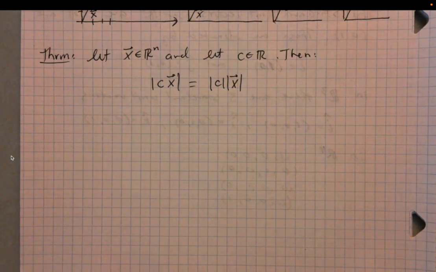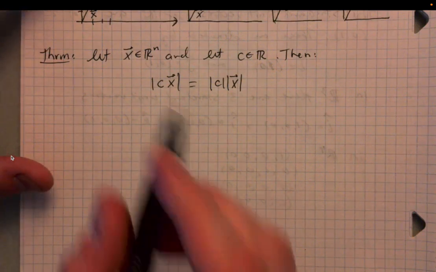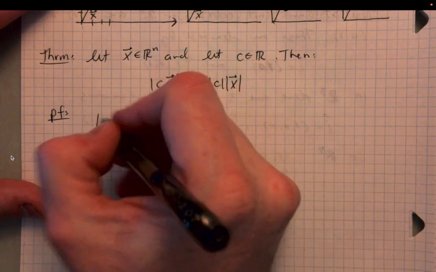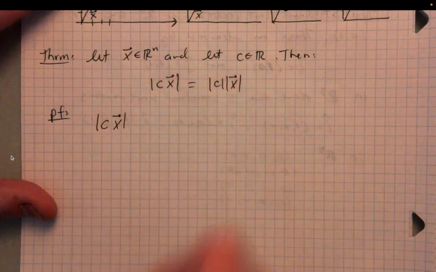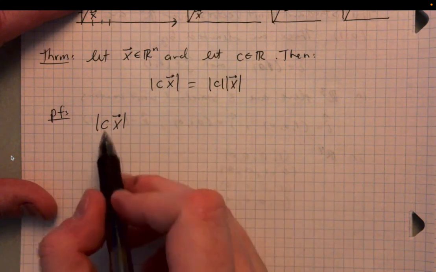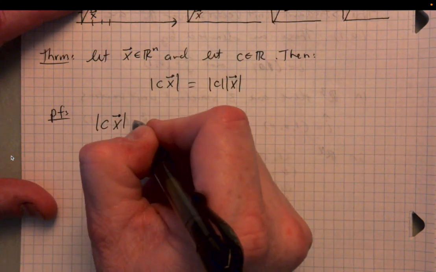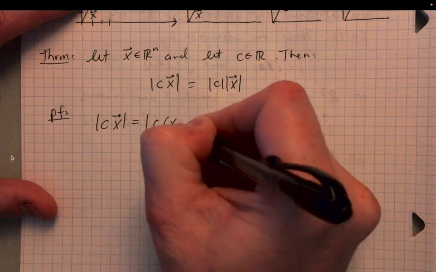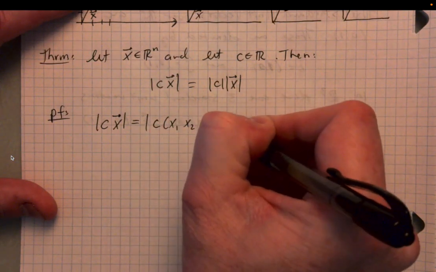Let's see if we can prove this. It should be relatively straightforward. We'll start with the left side and derive the right side. The norm of cx is the norm of c times (x1, x2, ..., xn).